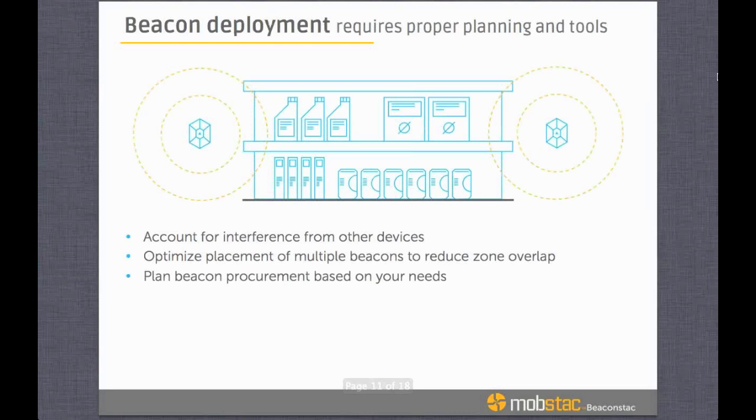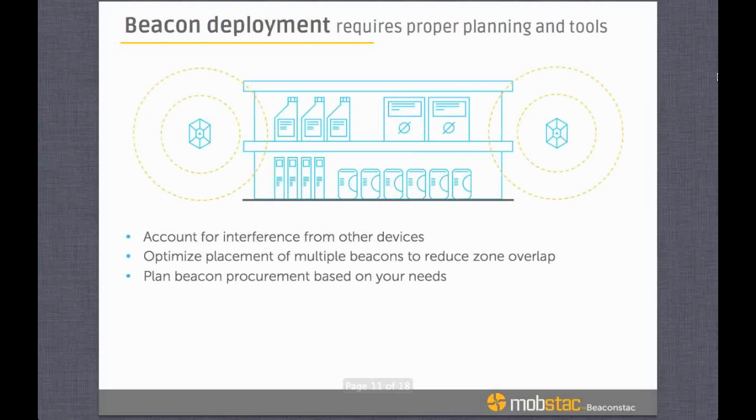Now, in a given physical space, when you decide that you need to install beacons, you have to consider the fact that beacons are, in the end, radio devices and are susceptible to interference from other devices and other radio transmitters. That could be Wi-Fi, it could be all kinds of everyday devices, and there are all kinds of devices these days transmitting on different wireless bands. So one thing to check for is that when you place beacons in a physical location, you need tools that help you calibrate received signal strength in different parts of a given layout.